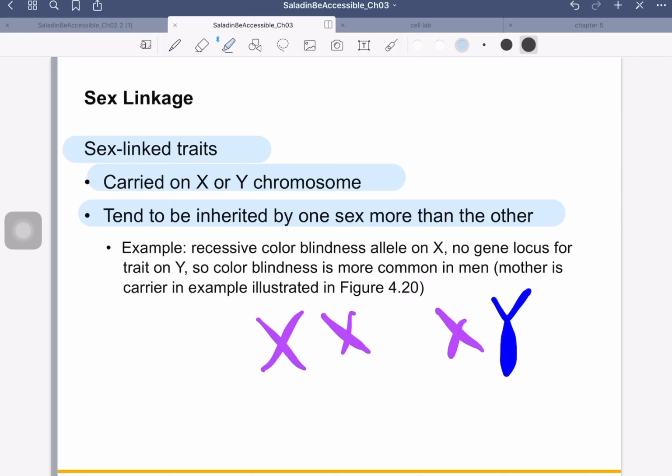Some examples would be certain types of color blindness. But once again, we haven't done those examples, so we won't dwell on them. I think it's more important that you know the basic definition for these terms.